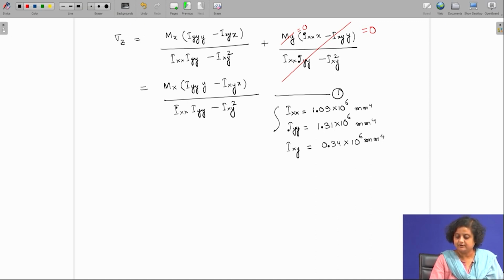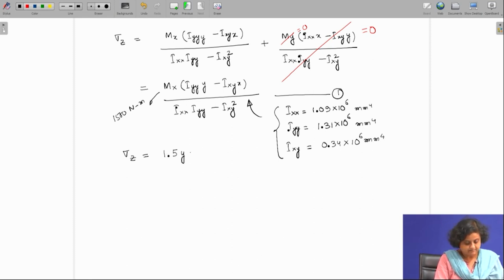So if we substitute these values into this equation, then we will see that sigma z is going to be Mx, and the value of Mx is 1500 Newton meter. So if we substitute this value, this will end up being 1.5 y minus 0.39 x. So this is the expression that we are going to get.